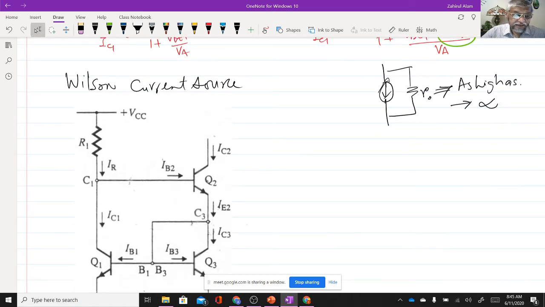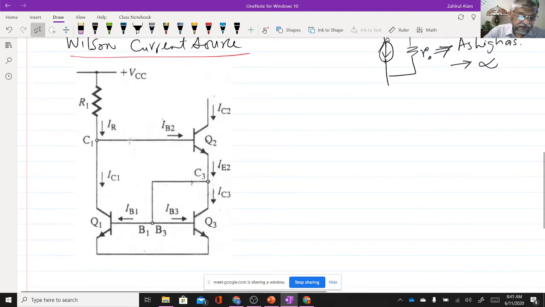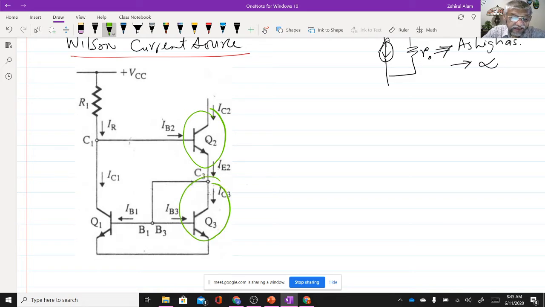In this case, the circuit diagram is like this. Now we have Q2 and Q3 connected in series. This configuration is equivalent to a resistance, and this transistor also has some output resistance.